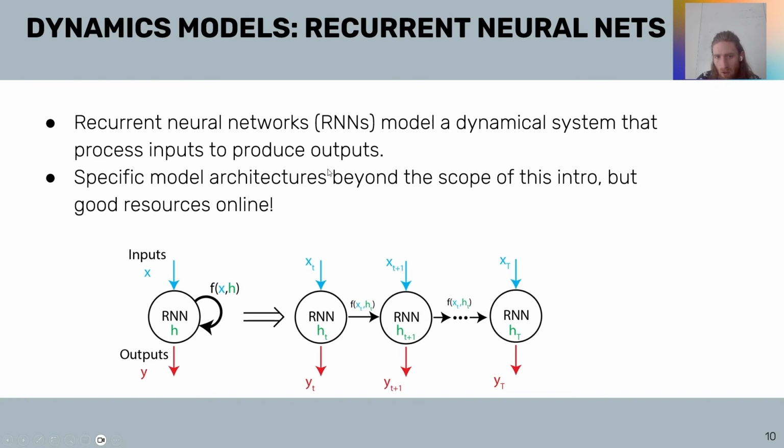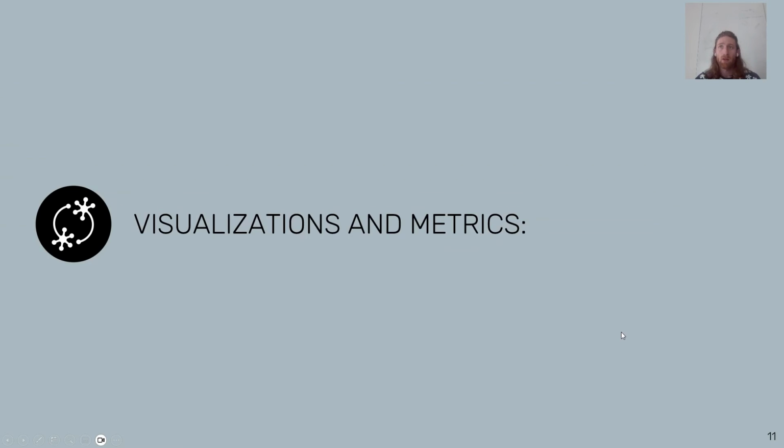There are specific model architectures that define what exactly this F update looks like, but they're beyond the scope of this introduction. There are very good resources online. At a high level, we're going to be providing 2 different types: the gated recurrent unit, or GRU, and then vanilla RNNs.